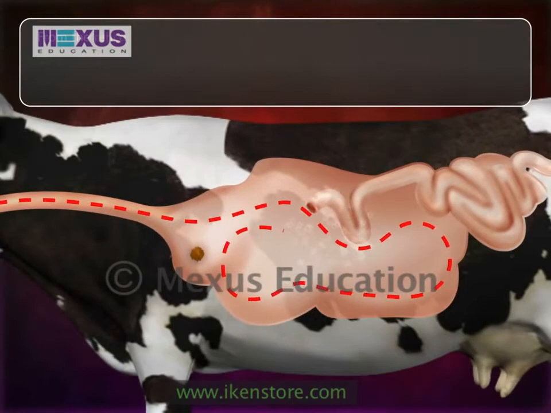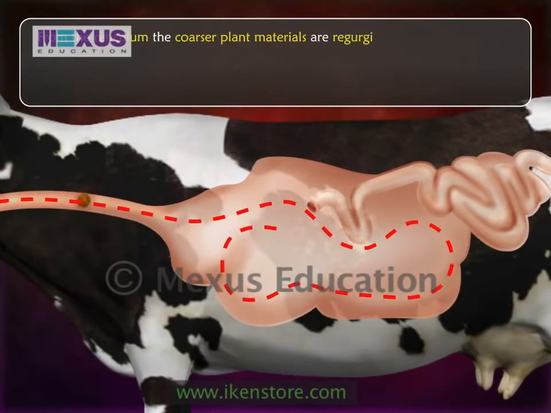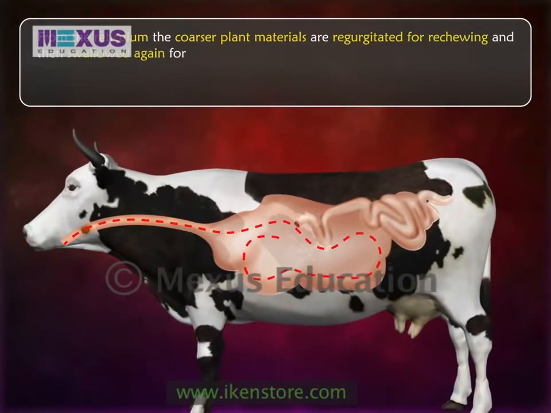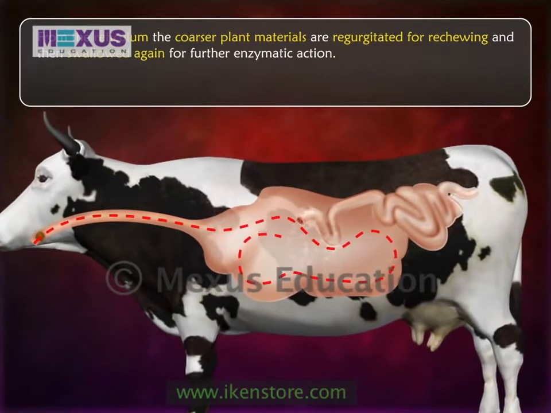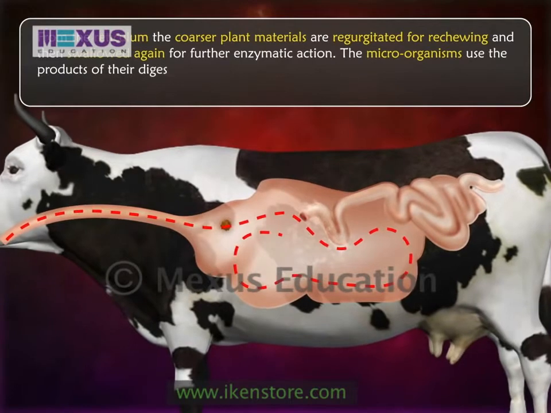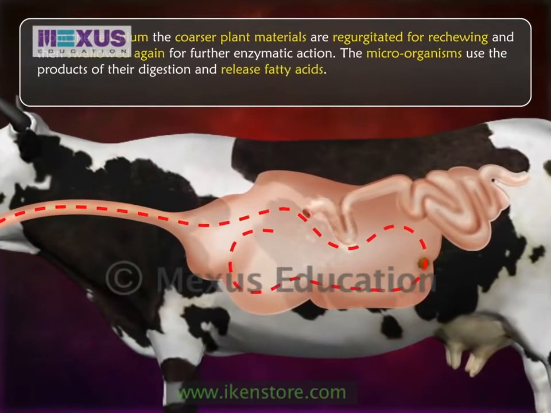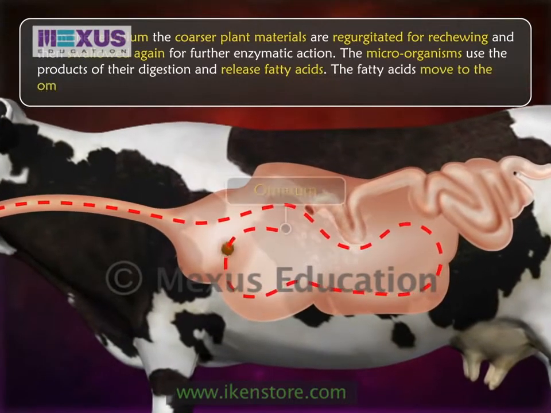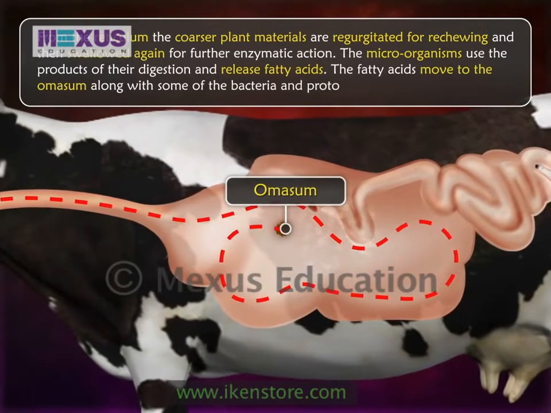From the reticulum, the coarser plant materials are regurgitated for re-chewing and then swallowed again for further enzymatic action. The microorganisms use the products of their digestion and release fatty acids. The fatty acids move to the omasum along with some of the bacteria and protozoa.